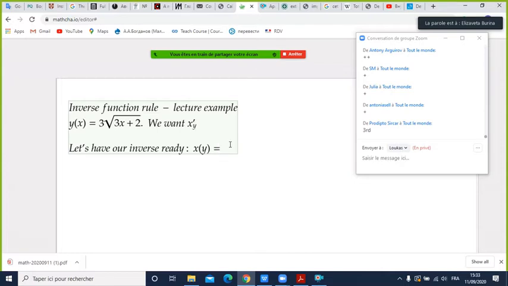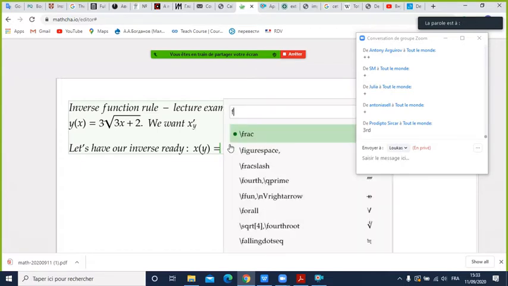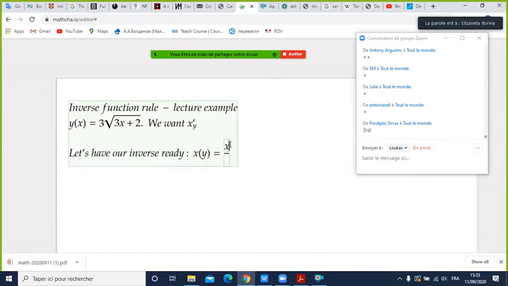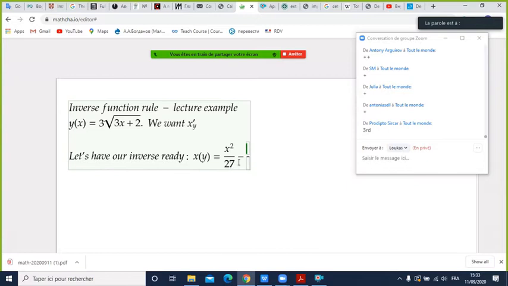And for this function, an inverse will look like x cubed squared over 27 minus 2 over 3. Okay.